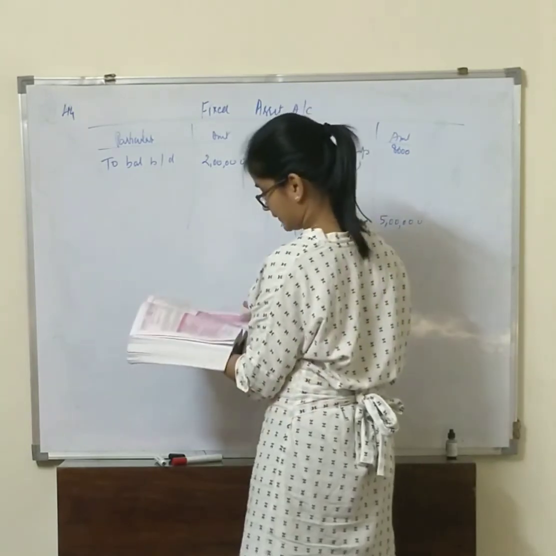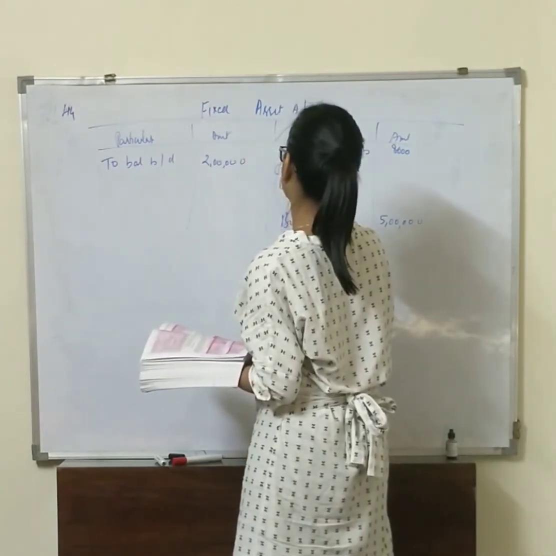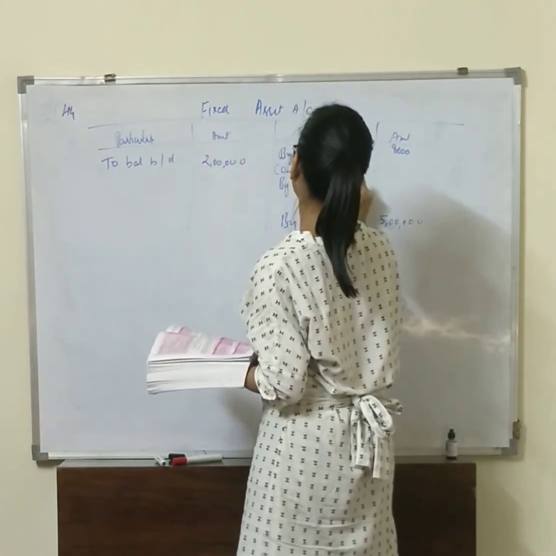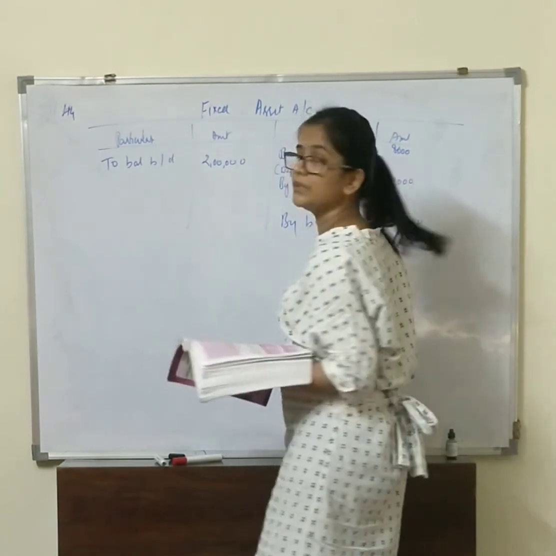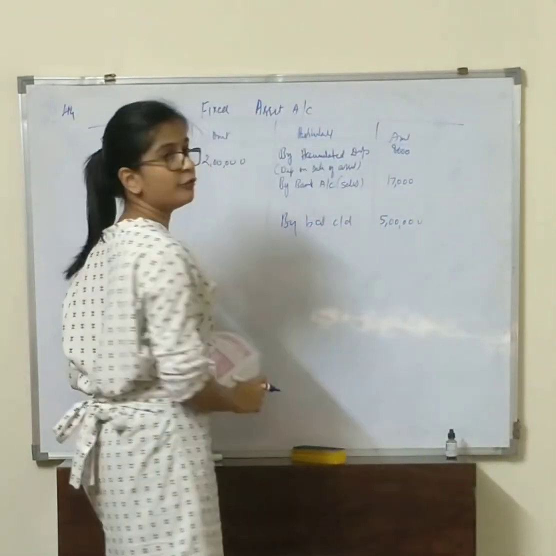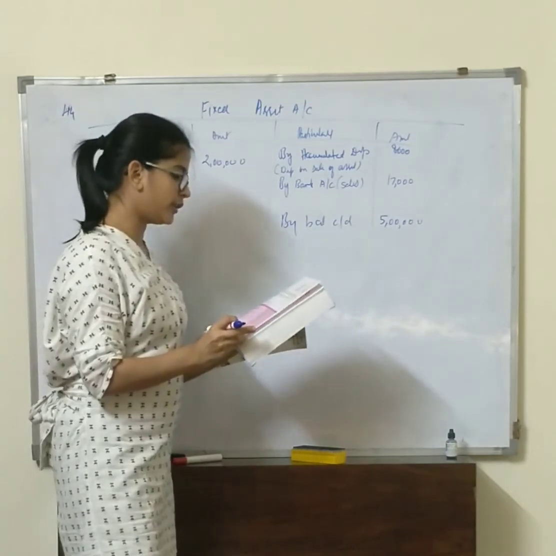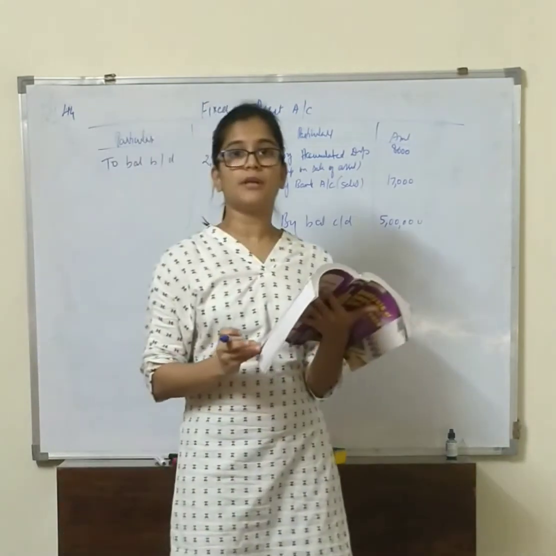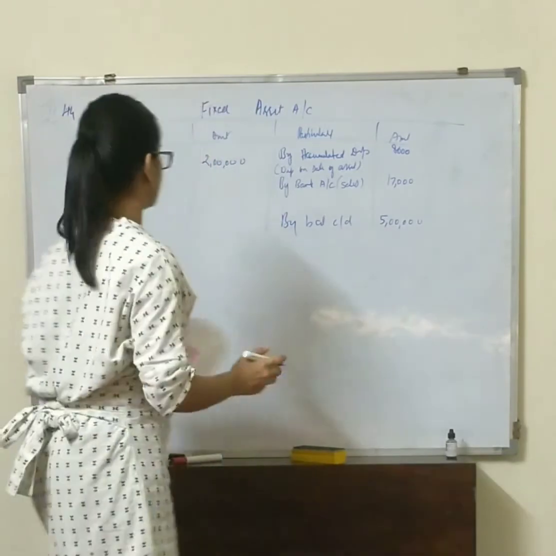Again there is a sale. We sold it for 17,000. So we will write by bank account in bracket sales. How much did we sell for? 17,000. So we need to find out whether there is a profit or loss. So it was costing us 20,000. We had depreciation of 8,000 and we sold it for 17,000.